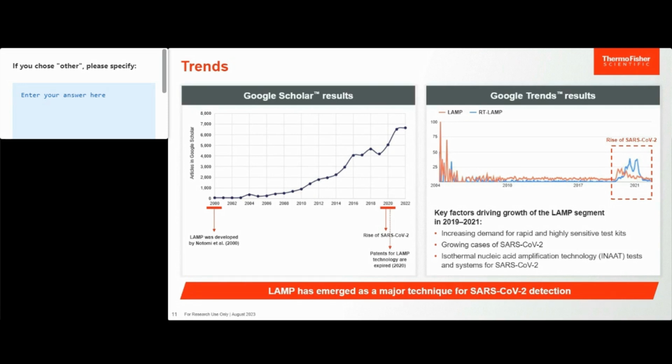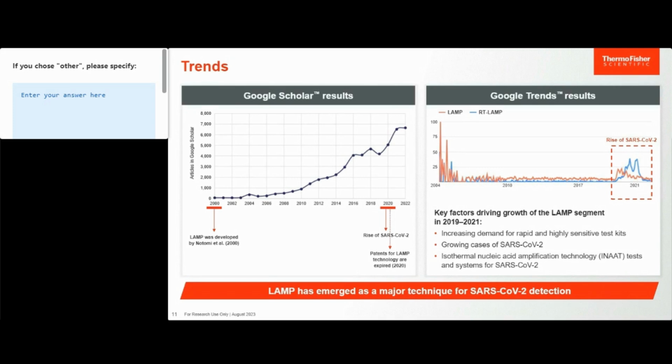showed the method's popularity. Summing up the collected results, the key factors driving the growth of the LAMP segment in 2019 to 2021 were the increasing demand for rapid and highly sensitive test kits, growing cases of SARS-CoV-2, and growing need for isothermal nucleic acid amplification technology tests and systems for SARS-CoV-2.